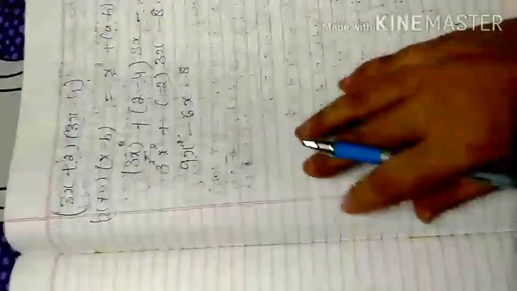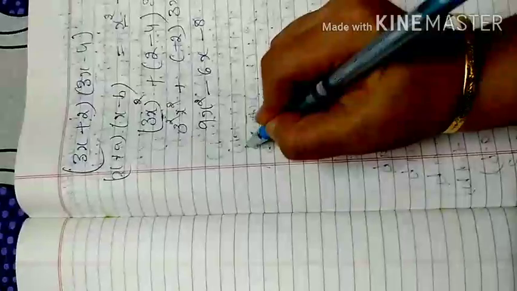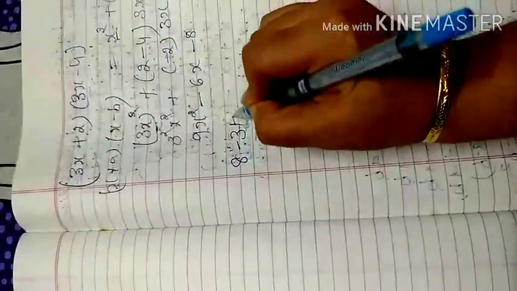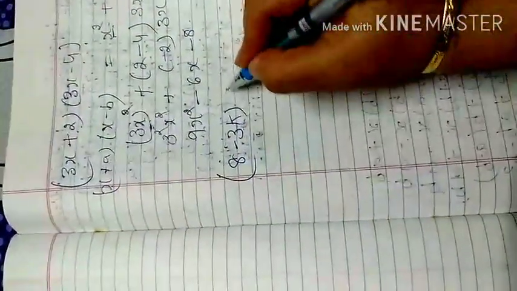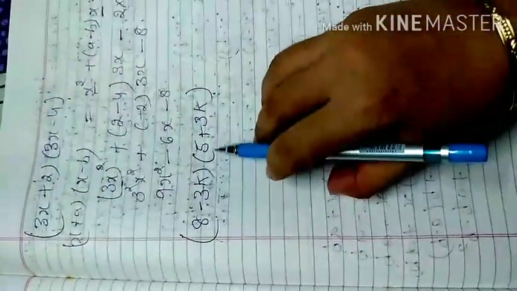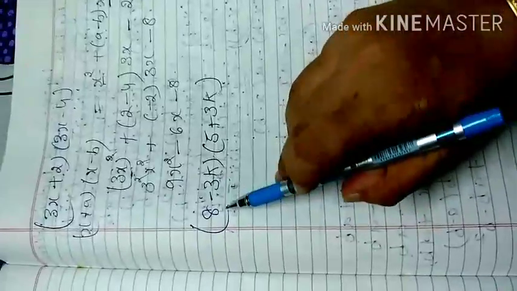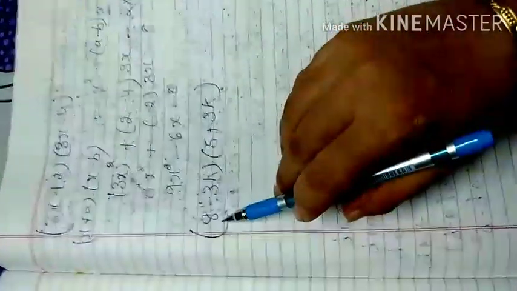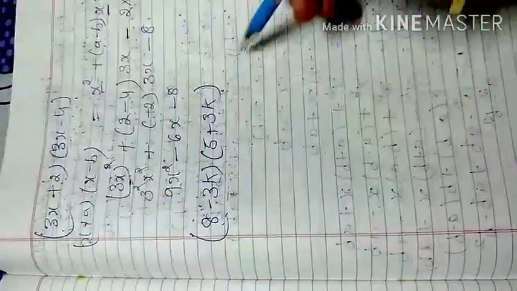Next, if I have a term like (8 - 3k) and (5 + 3k), 8 minus 3k times 5 plus 3k. Now if you look at the statement, the first terms are different but the second term is the same.